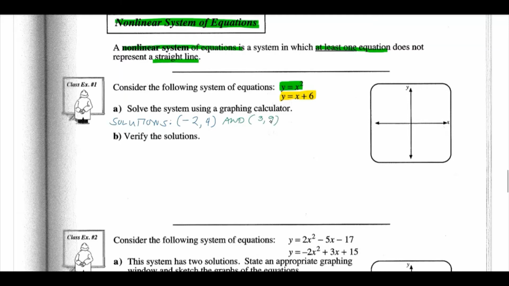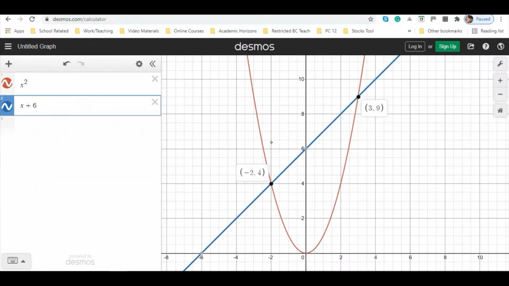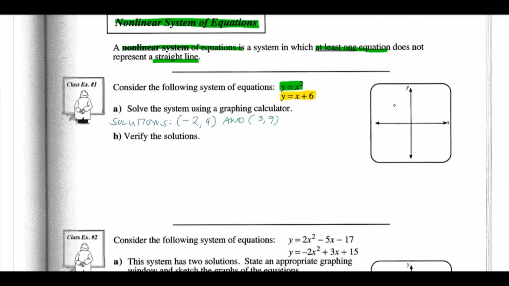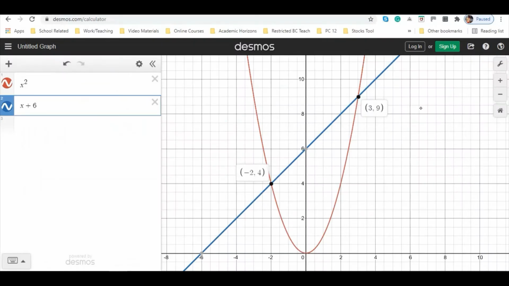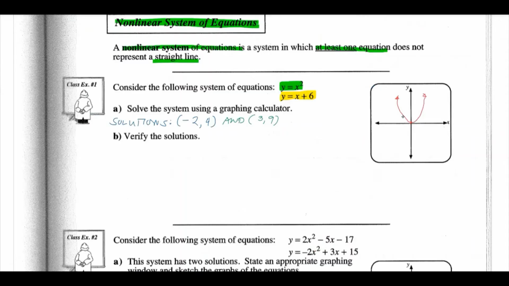If we are going to sketch the graph, we can copy the graph that we get here. It's a quadratic function, just a parabola, and the vertex is at (0, 0). And then we have the straight line, so it hits the graph twice.